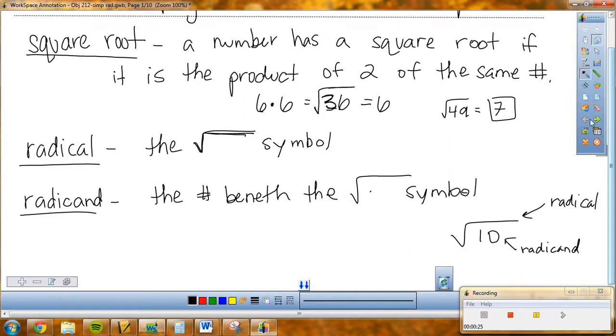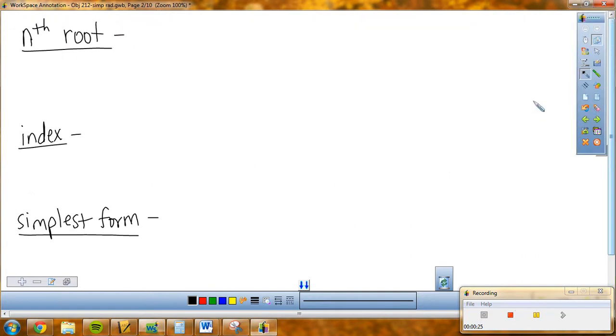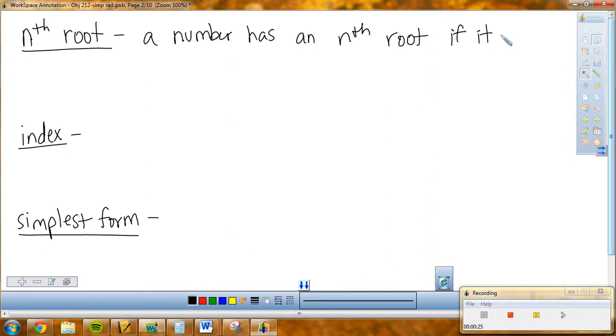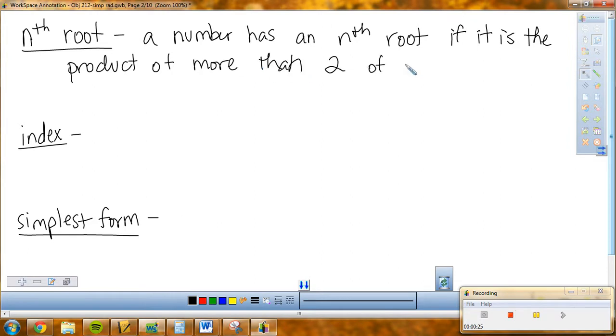Alright, so moving on to more vocabulary. I also have the nth root. Very similar to the square root, but we just change it a little bit. Right? So a number has an nth root if it is the product of more than two of the same number.